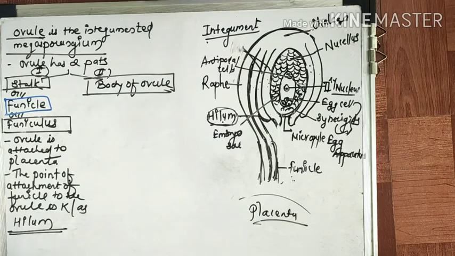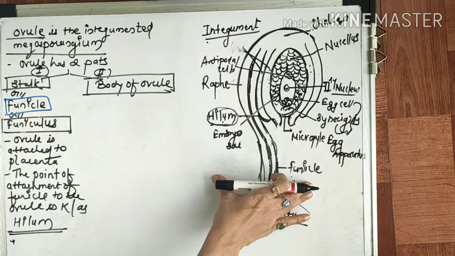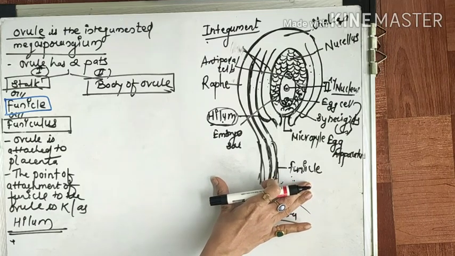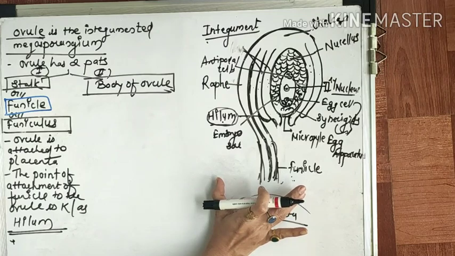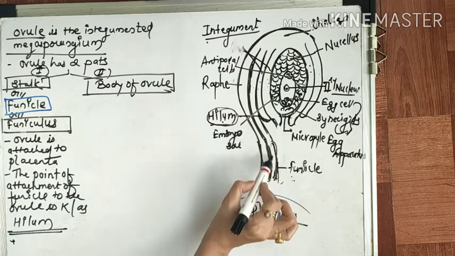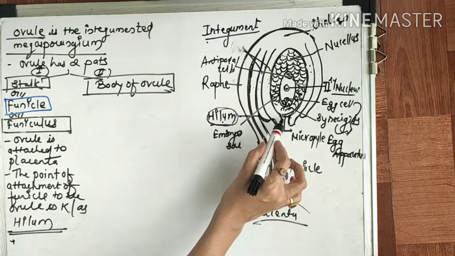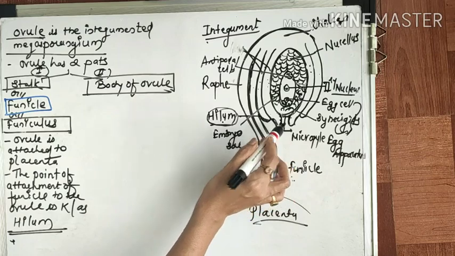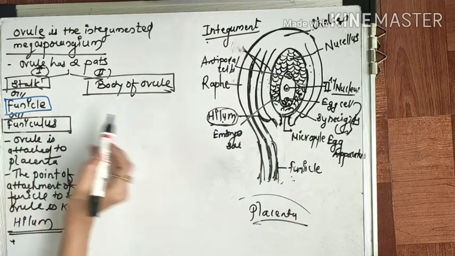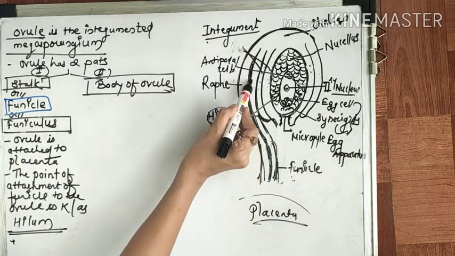Understand? Now, after that we will see the forms of ovule. First we will see the anatropous ovule. This is the pattern of an anatropous ovule. In this anatropous ovule, you can see the major part of the funicle remains attached to this body of ovule, forming one ridge.